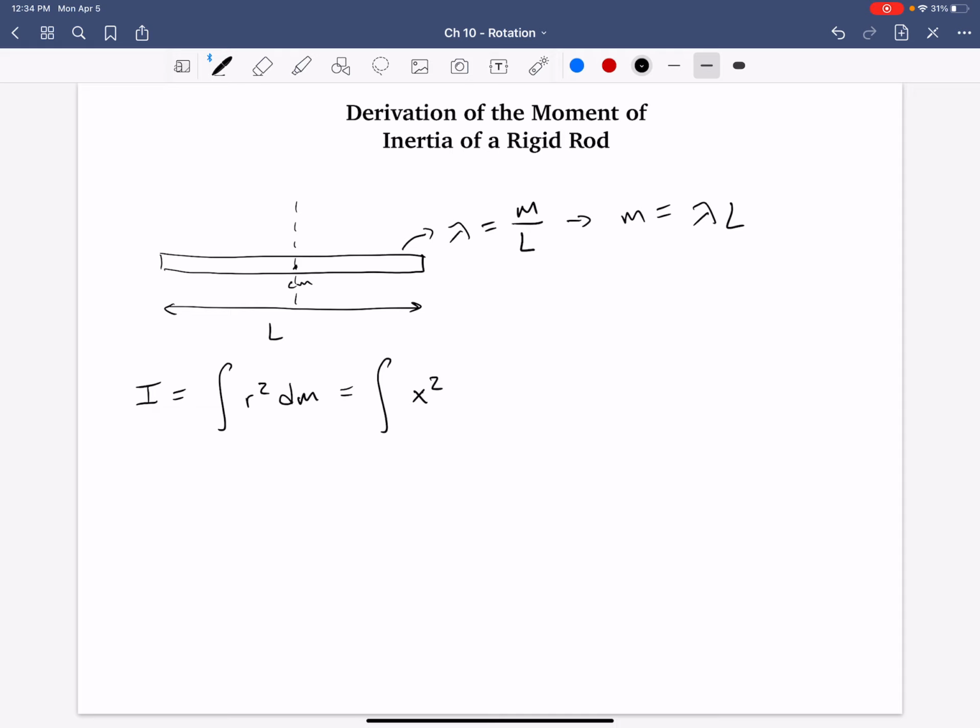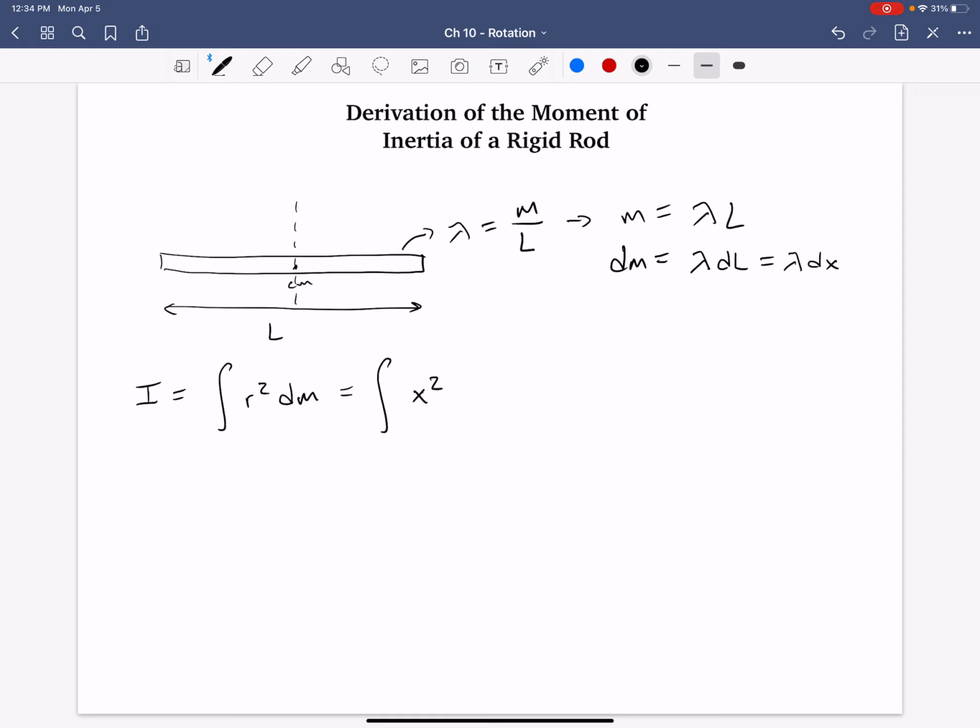Well, we take the derivative of both sides. dm is now equal to lambda. That doesn't change because that's always a constant, but the length changes, right? So this is a dl, but since we're using x, we can really call this lambda dx, right? It's just the position of all of the masses.